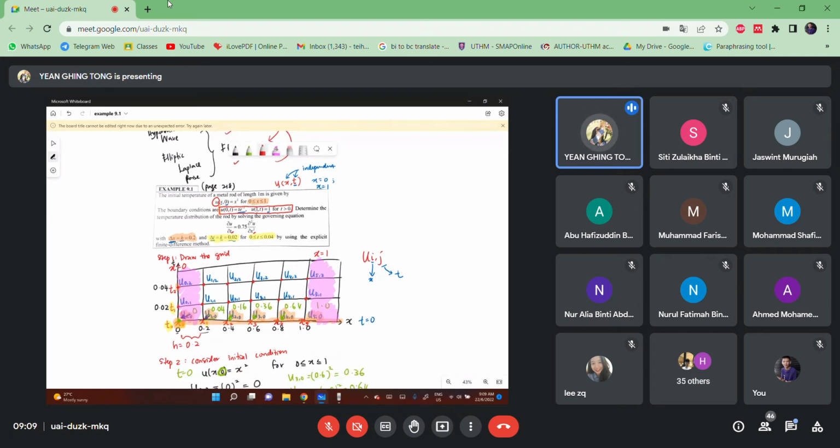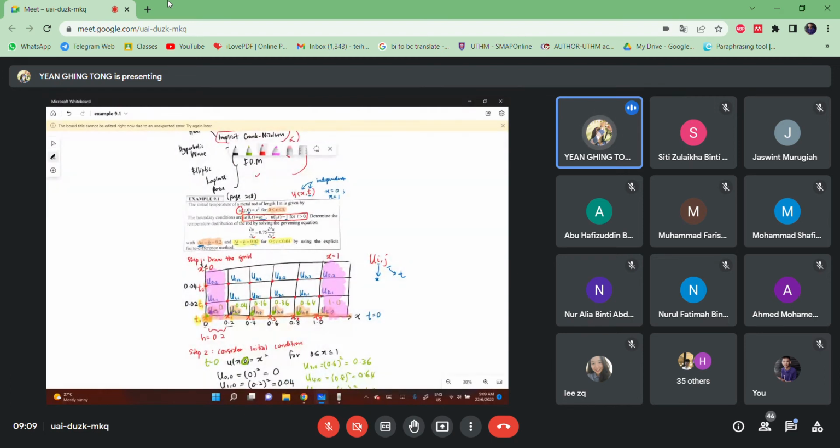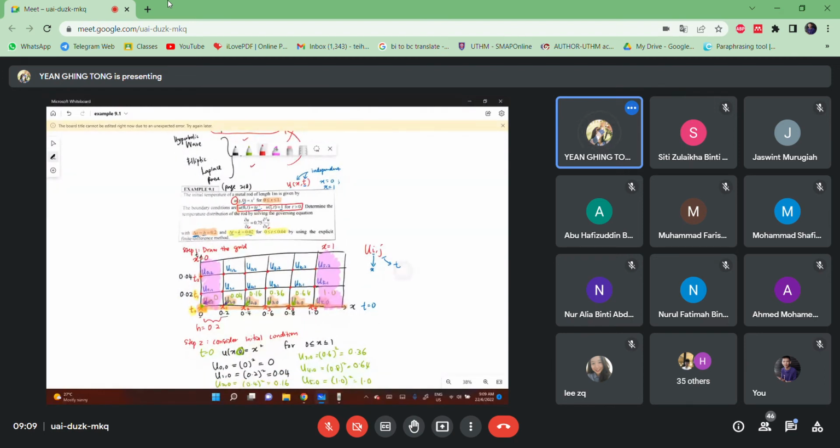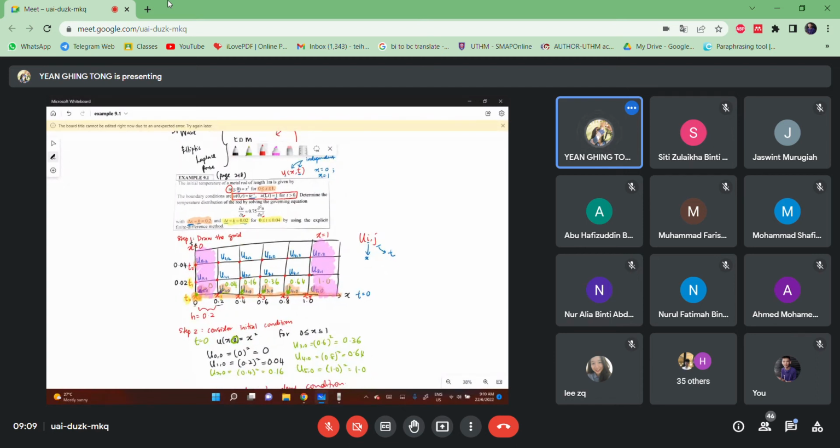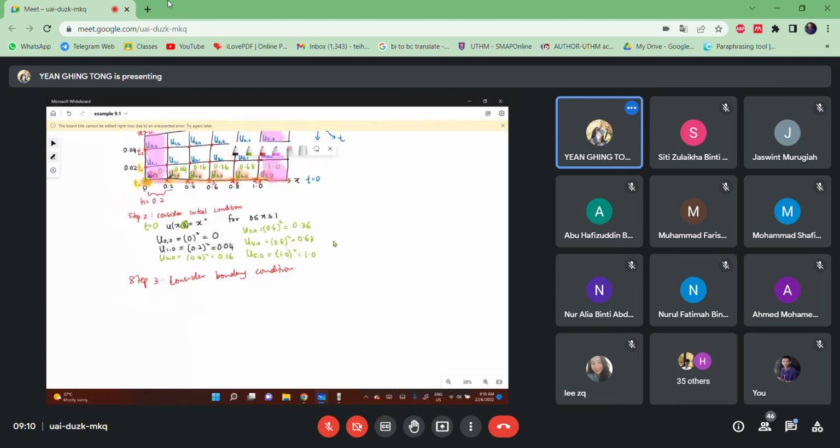So when x equal to 0, that means u(0, t) equal to t e power of negative t. So we start with this one.